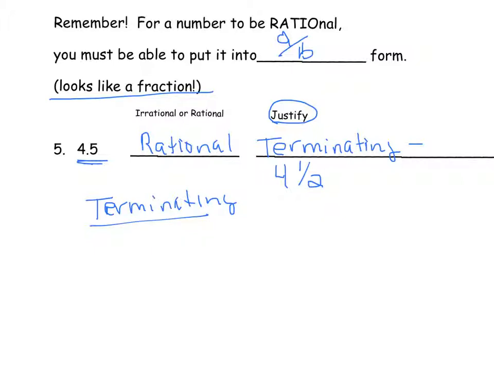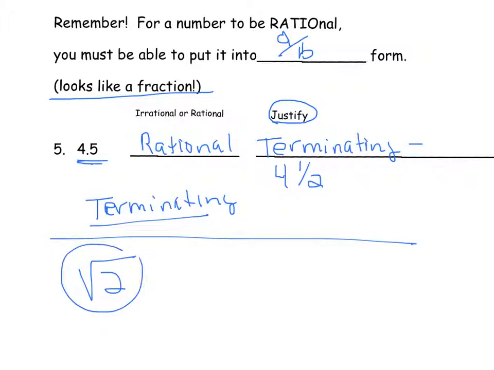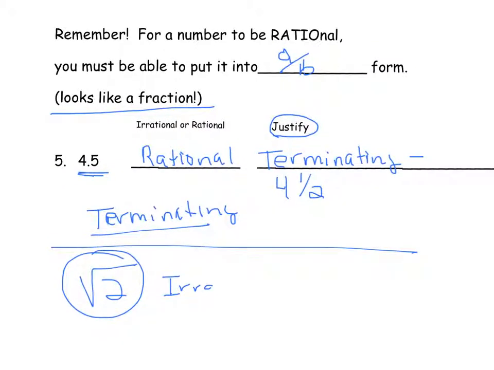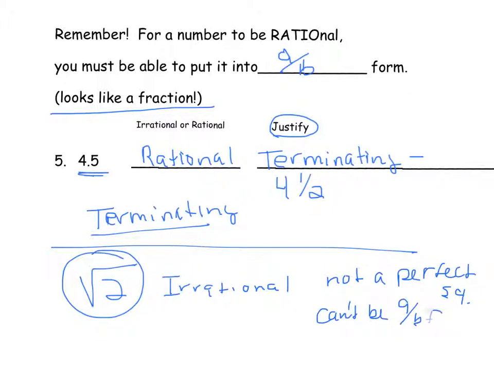So let's say you have a problem, just one more quick example like this. Square root of 2. The square root of 2, we learned yesterday that if the square root is not a perfect square, it is irrational. So I'd start my justification by saying it's irrational, not a perfect square, and then can't be A over B form.